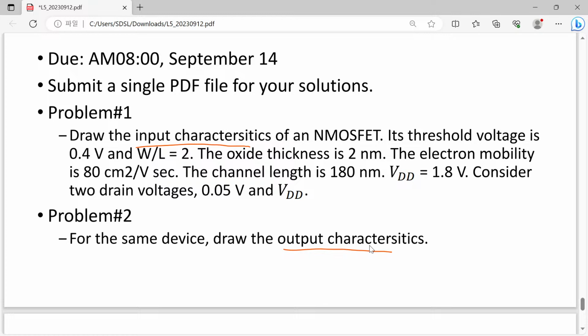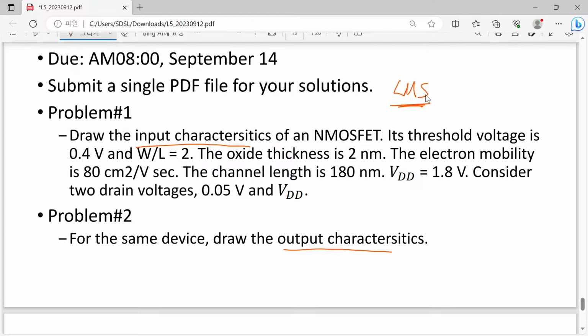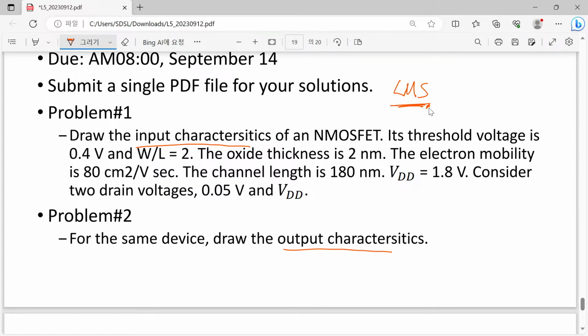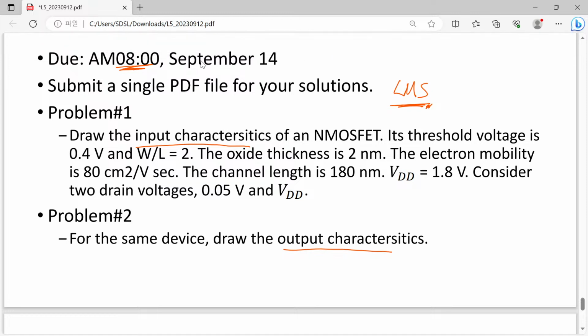You must submit it through our GIST LMS system. I will upload the homework problem, and the due date is the day after tomorrow, before our lecture starts. So you have just 2 days. This homework is quite simple, so I hope that all of you can do it within the time limitation.